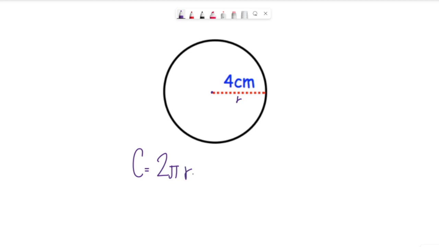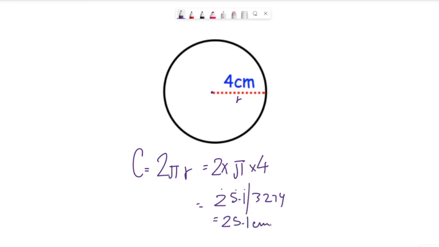When you write this in your calculator as 2 times pi times radius, which is 4, you will get 25.13274. I rounded to 3 significant figures, 1, 2, 3. So it's actually 25.1 centimeter, the circumference.